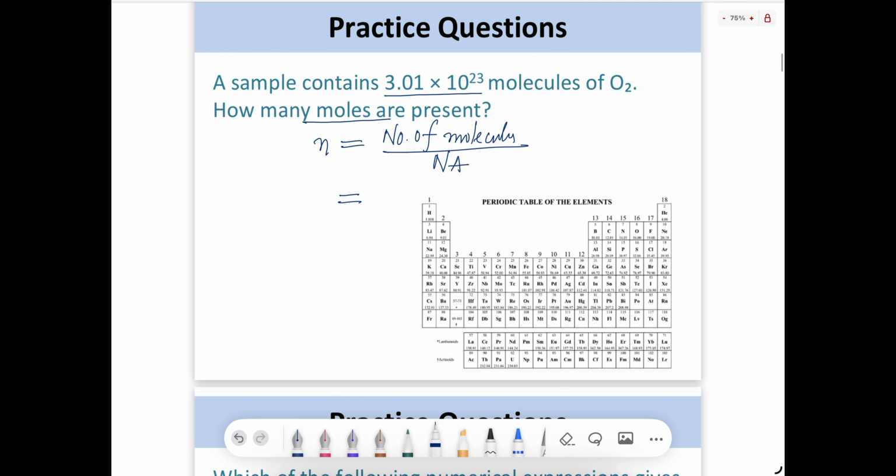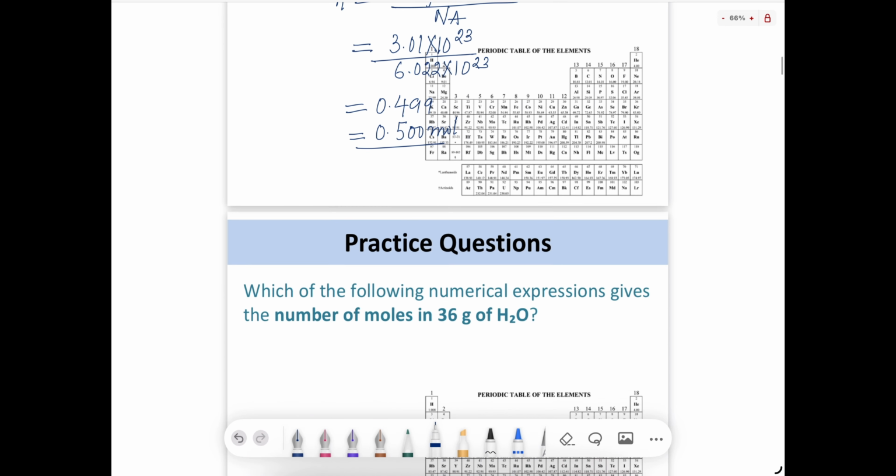Plugging in the value, 3.01 into 10 raised to the power 23 divided by 6.022 into 10 raised to the power 23. So you get your answer as 0.499. So 0.500 is the number of moles present in this sample.